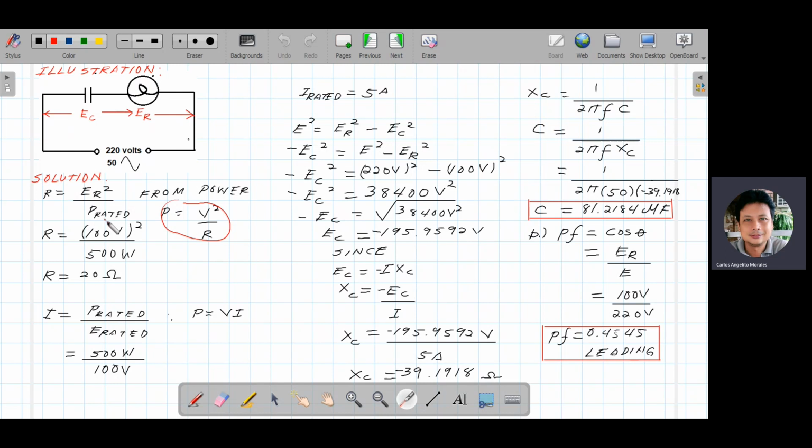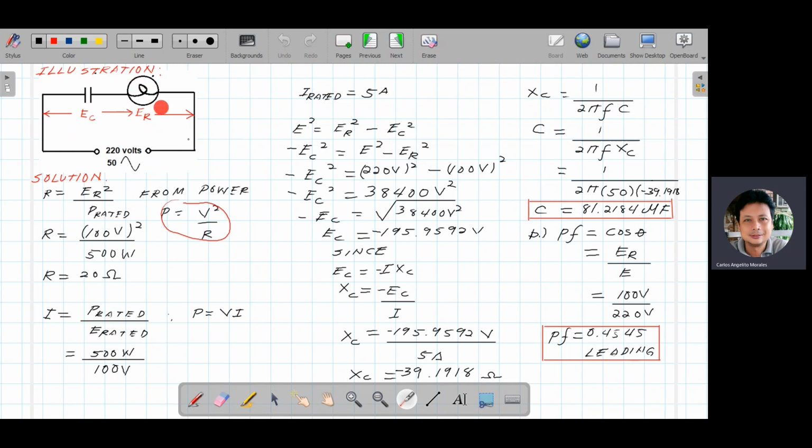From the power formula, power is equal to E squared over R. So, resistance is 100 volts squared divided by the 500 watt rated power, and we get 20 ohms. So this bulb is 20 ohms.